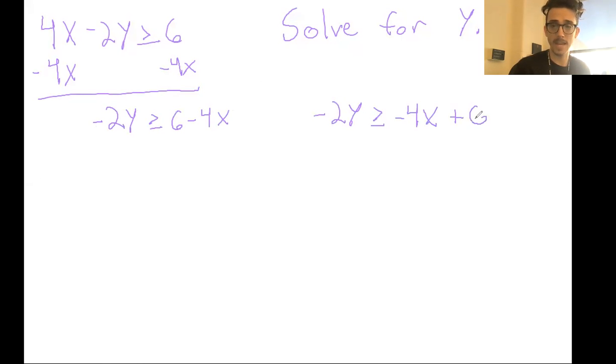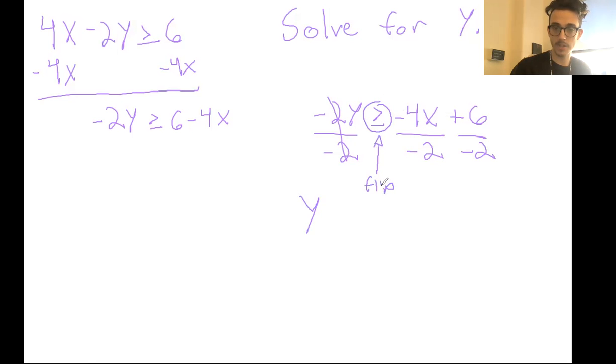Personally, I would leave the -4x towards the front so it looks like a slope-intercept inequality. We can then get rid of this -2, dividing everything by -2. And there's something we have to do here. I don't remember what. Maybe you can recall. Is there something we have to do with our sign in the middle? We got to flip it on them.